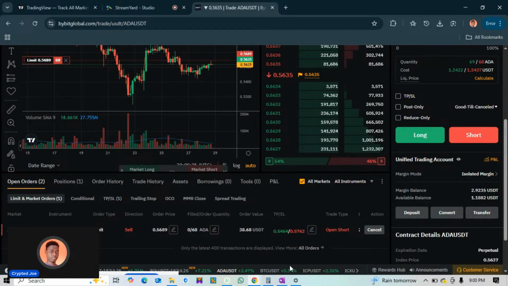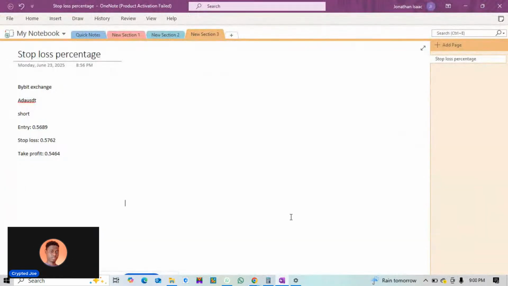So now this particular example I want to give now is for those of us that will be given the signal just like this, and then without the stop loss percentage.